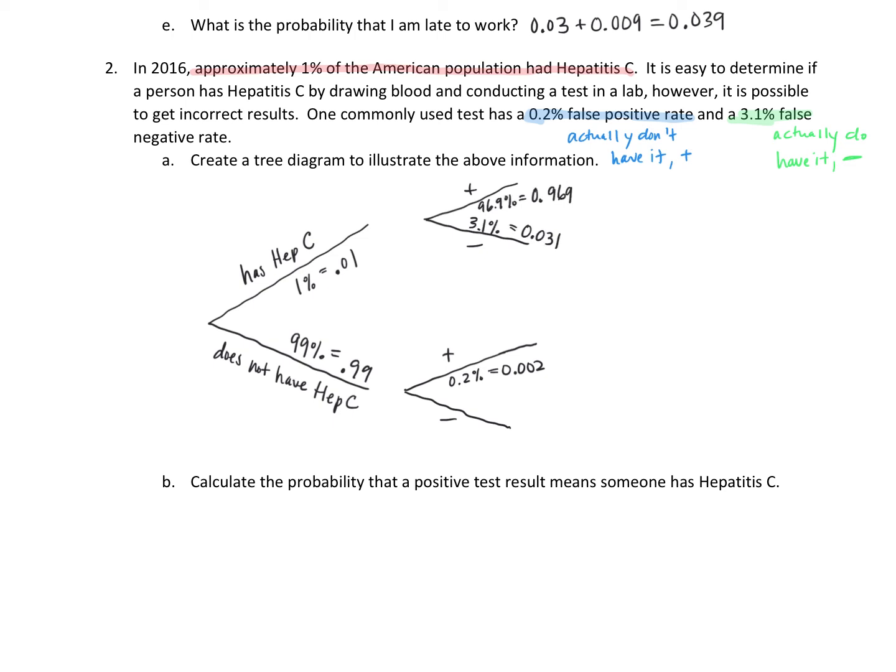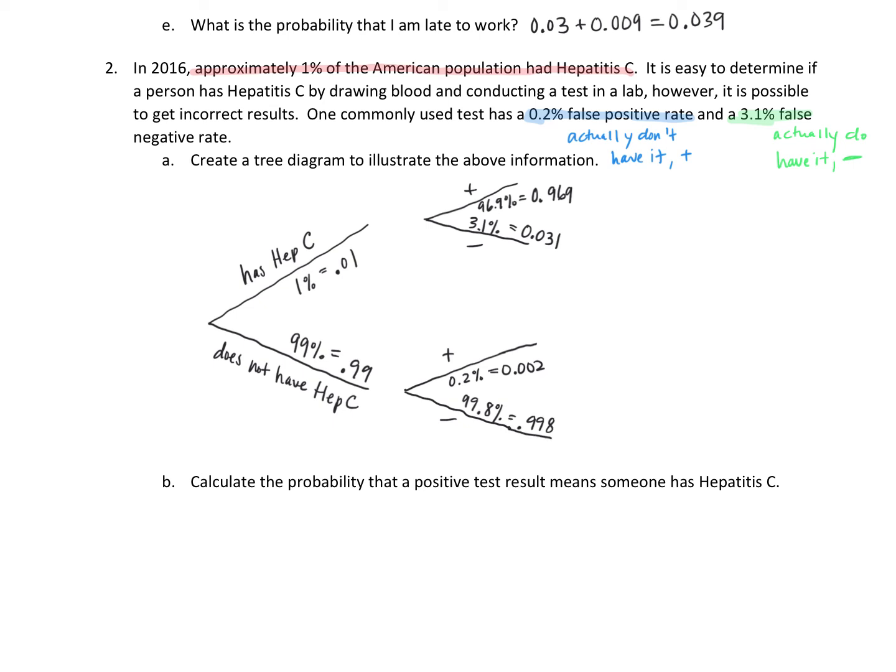Okay, on the bottom, the plus or minus chart, I know I have 0.2% for positive. So I subtract 100 minus 0.2%, and I get 99.8%. And as a decimal, that's 0.998.